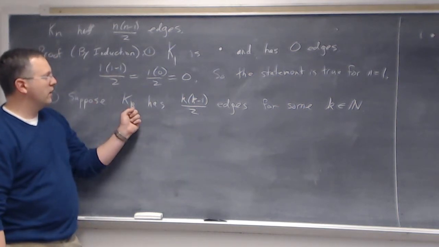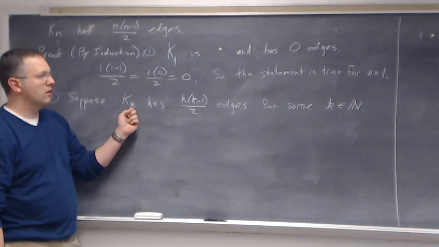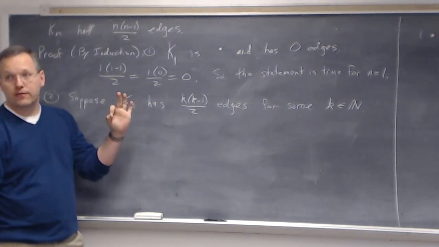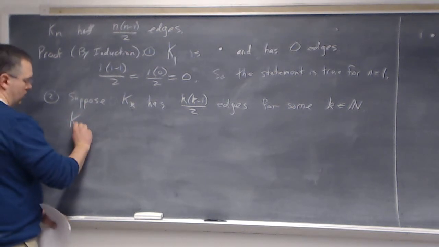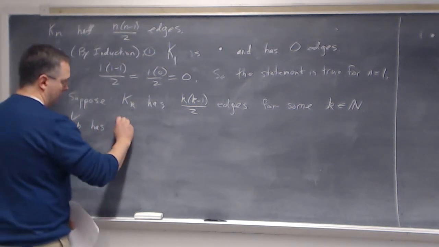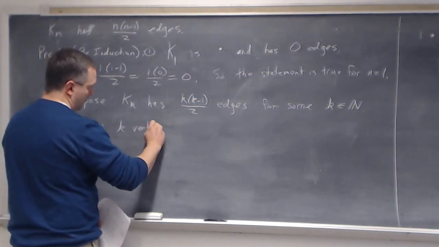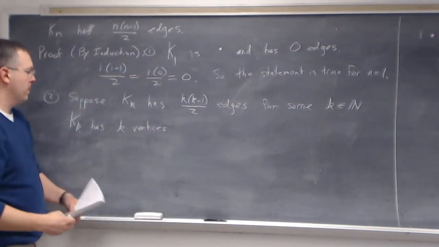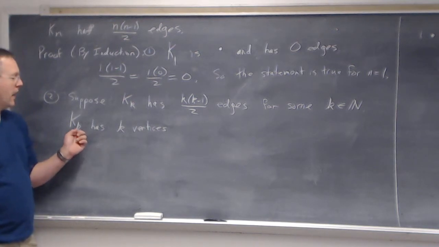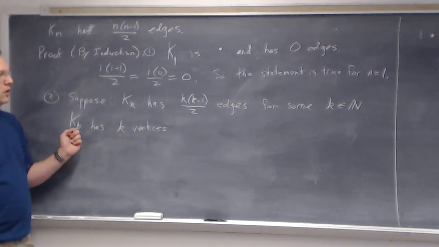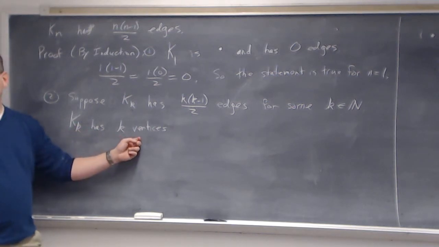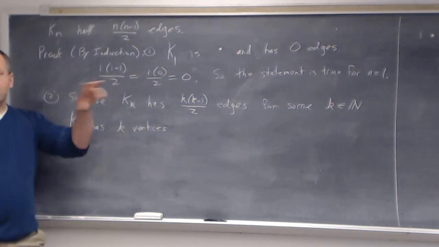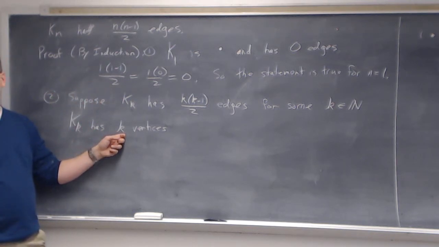All right. So if K sub k has k vertices, think about this. How can I change the graph of K sub k to the graph of K sub k plus 1? Well, I need to add one more vertex, and then I have to connect that vertex to every one of these k vertices. Make sense? Okay?